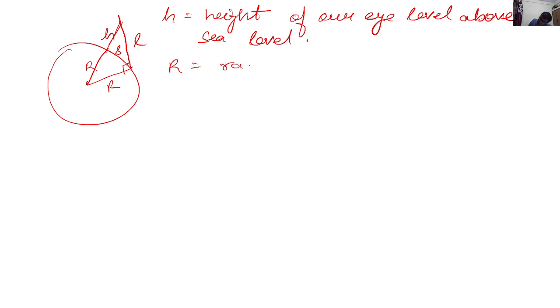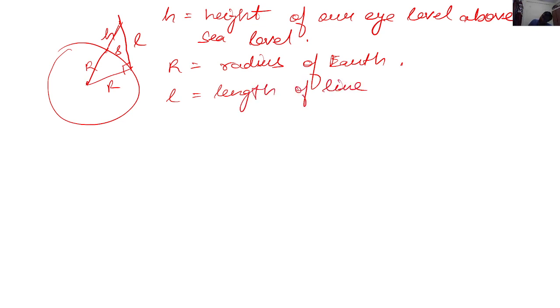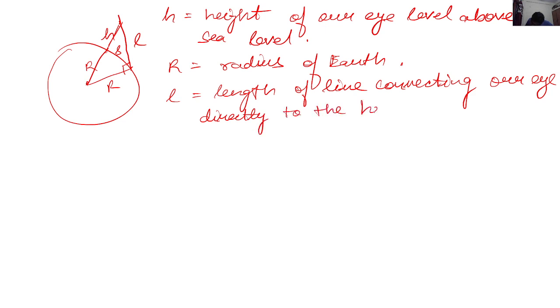R is the radius of Earth. Small l is the length of the line connecting our eye directly to the horizon. S is the arc length.